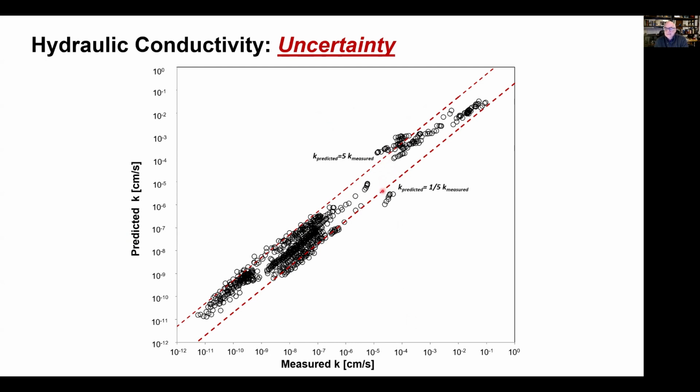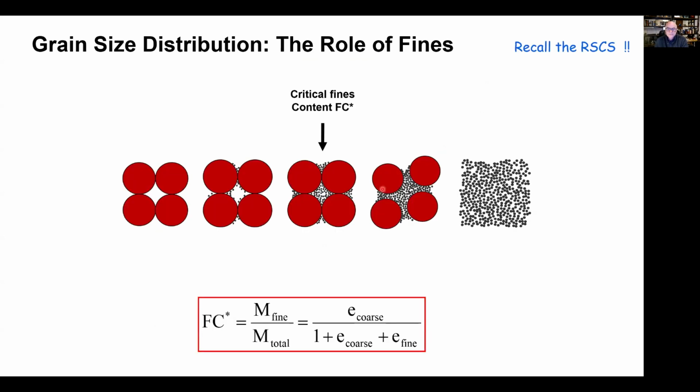And this is what is puzzling, because even if you get a center value, you may need 5 times more pumps than you think, or you have bought a pump which is 5 times larger than you anticipated. The uncertainty in permeability has huge implications on engineering designs.